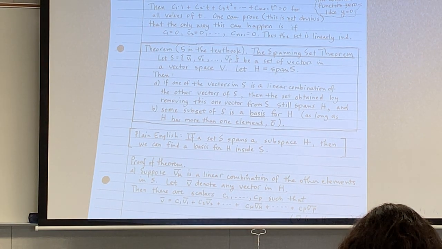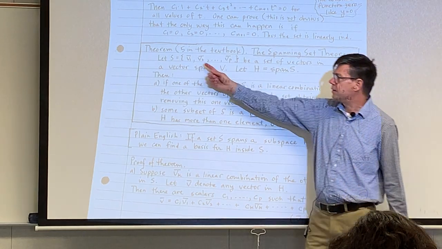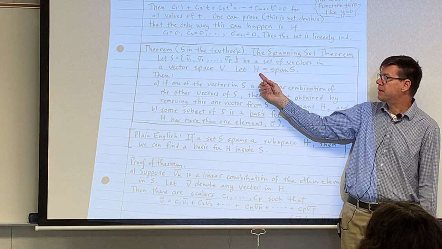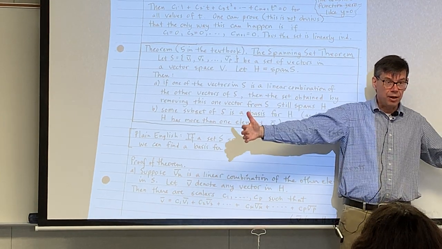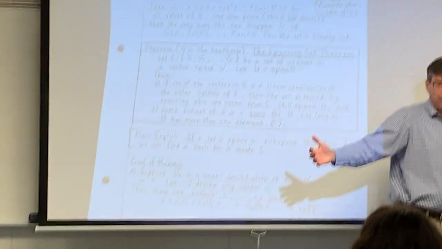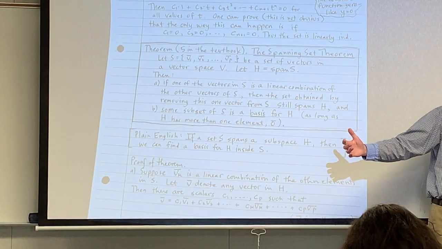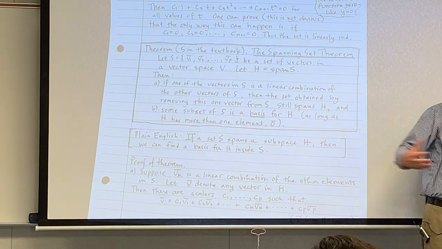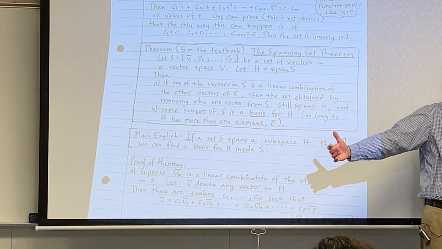So the way to think of this is, suppose I have a set of vectors that span a subspace. They could be dependent, so they're not a basis yet. They're not linearly independent. I can find one that I remove and still have the same span by what's left over.